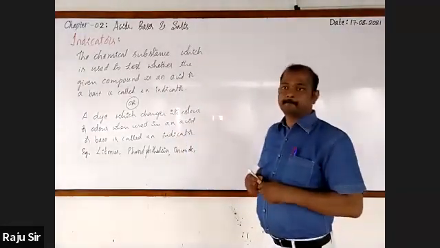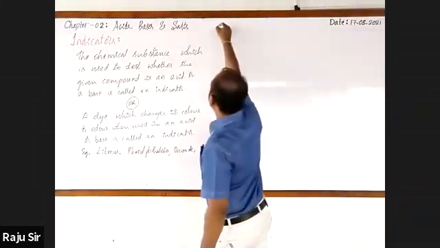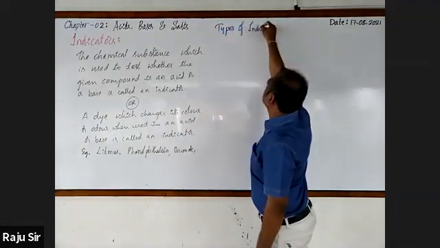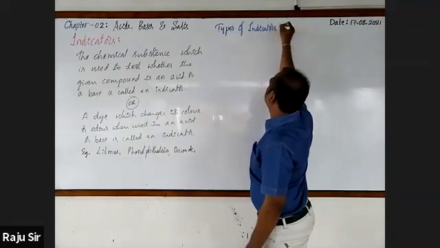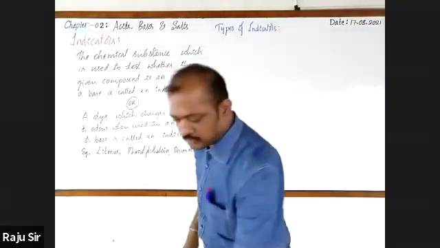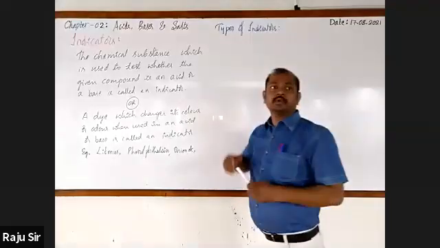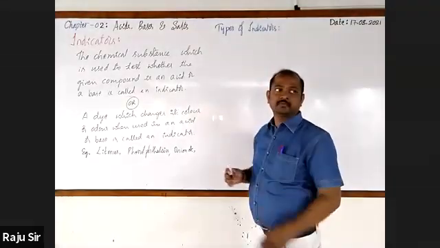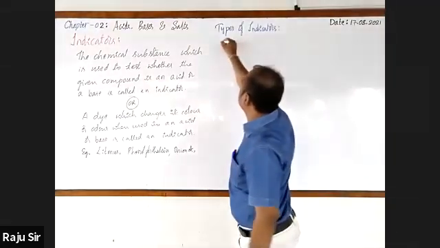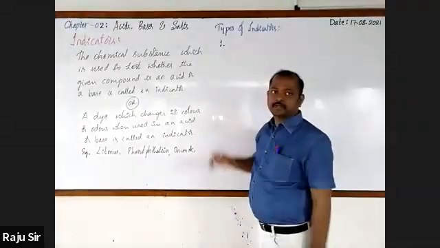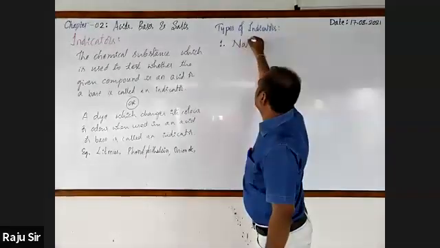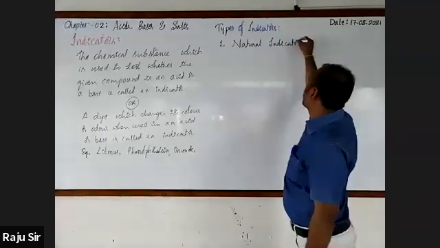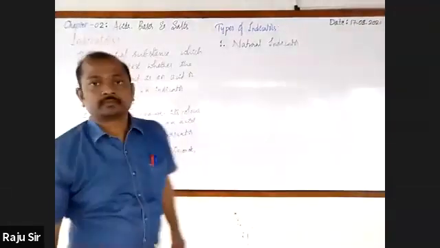Well, then write types of indicators. Definition is done. I'll make you write the types and I'll give the examples. What are those types? First one is natural indicator. Second, synthetic indicator.